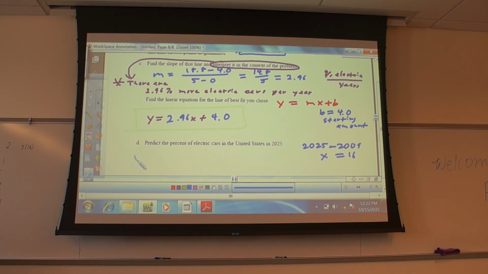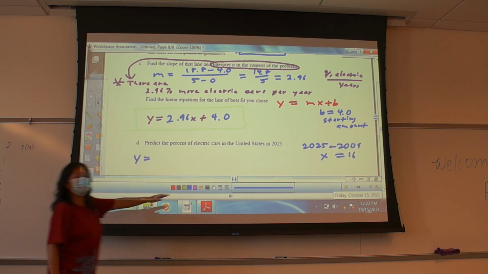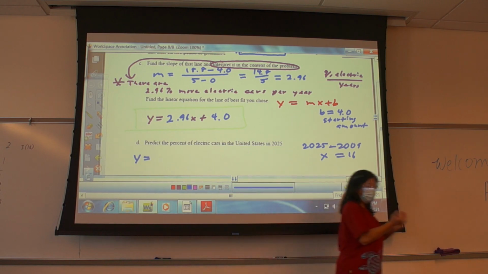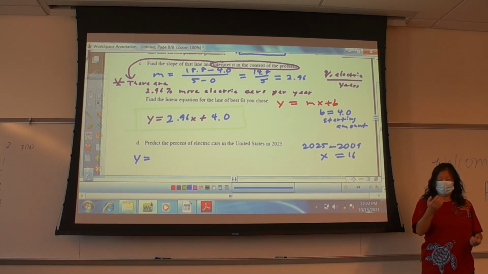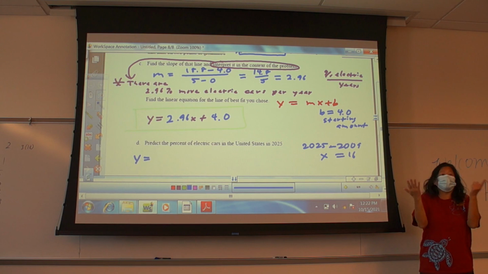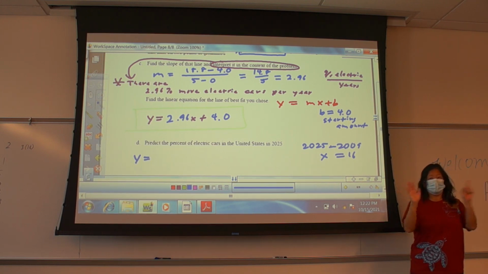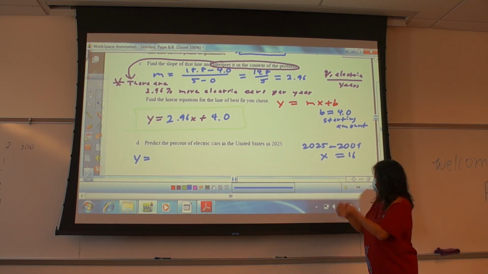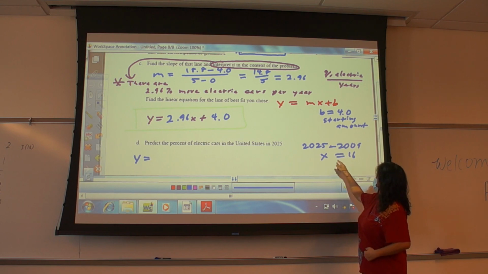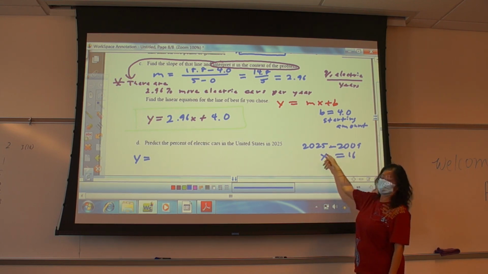All right, so then y equals... does everyone get where we got this 16 from? You can count it on your fingers and say, okay, 2009, 10, 11, 12, and so on up to 25. That works too, totally works. Any way you want to do it, you can count it like that, or you can subtract them.